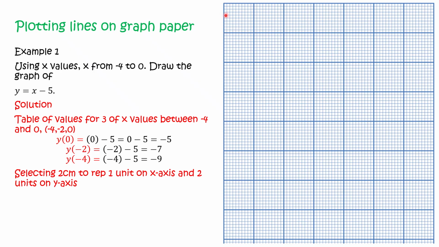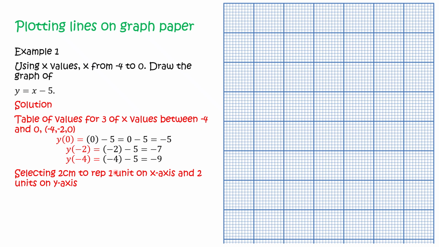If that one box would represent 2 units, that could fit on the y-axis. On the x-axis, it would still fit with the x values that we have, but why squeeze our work when we can actually make it 1 unit for the x? So for the x, if we go from -4 up until 0, we can actually fit the scale there. So 2 centimeters will represent 1 unit on the x-axis.